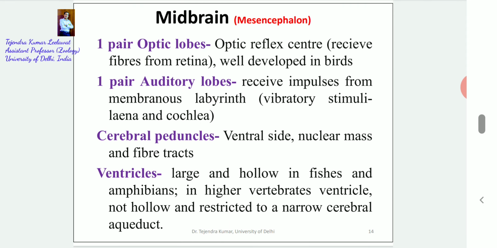Now the midbrain, or mesencephalon. The midbrain has one pair of optic lobes. You can see that we have two eyes; vertebrates have two eyes. So one pair of optic lobes is related to the mesencephalon, and the optic reflex center receives fibers from the retina, so we can see. That's why we have visual activity.